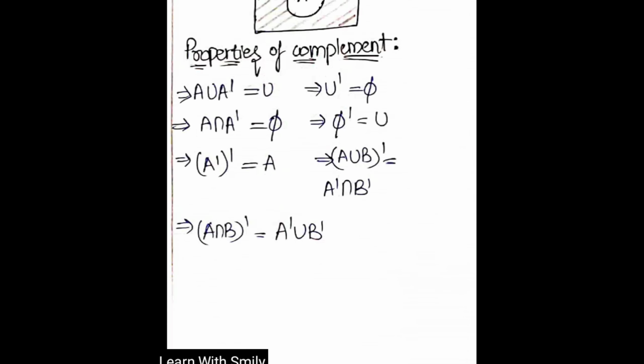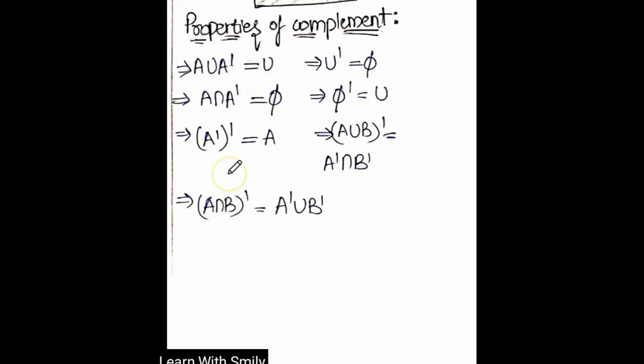And coming to the properties of complement: A union A dash equals U, and U dash equals phi. A intersection A dash is phi, because this is completely opposite to this, so nothing will be common, right?